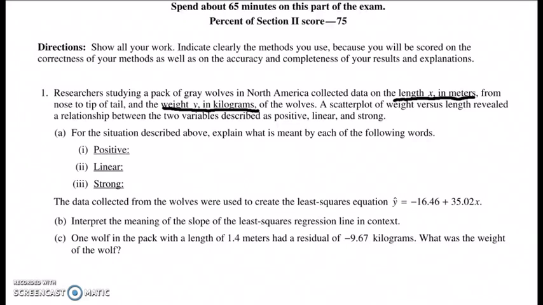So part 1 is positive, and this simply means that as wolf length increases, wolf weight also increases.